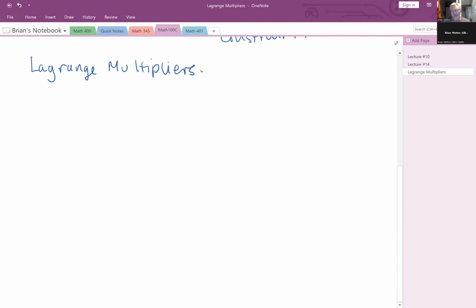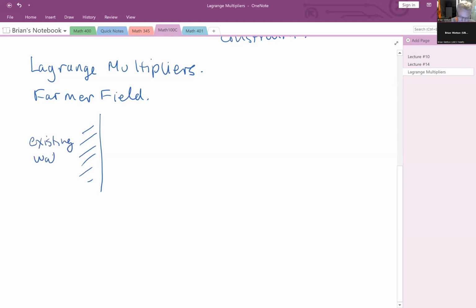And I'm going to start with an example that you're quite familiar with. It's the farmer field example, the first example that we did for optimization of functions of one variable. So remember how this went. There was an existing wall, and the farmer has 100 meters of fencing.